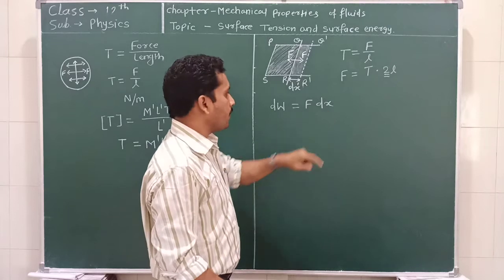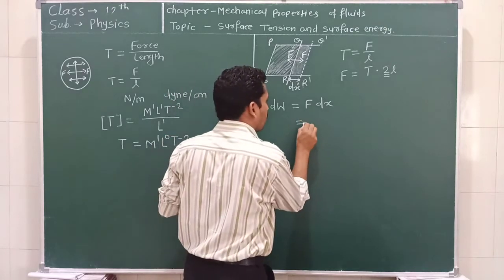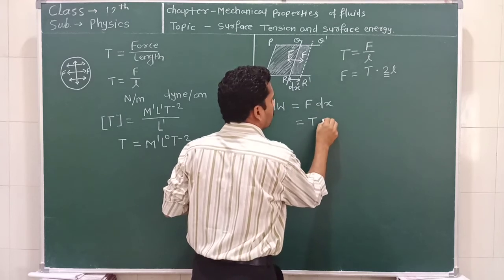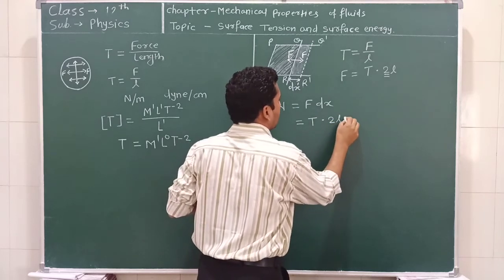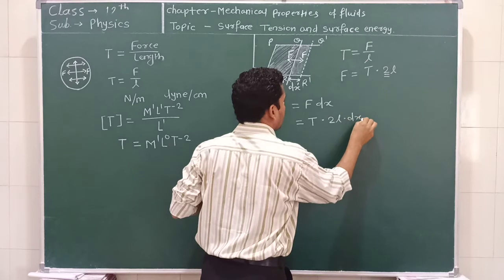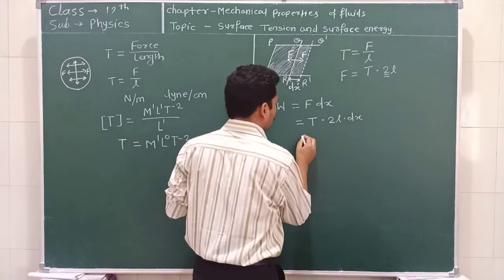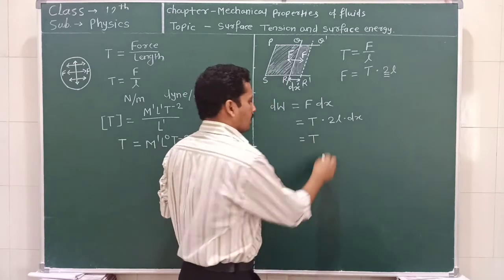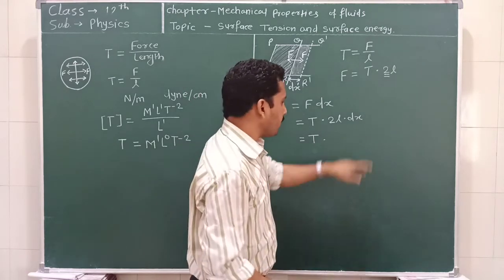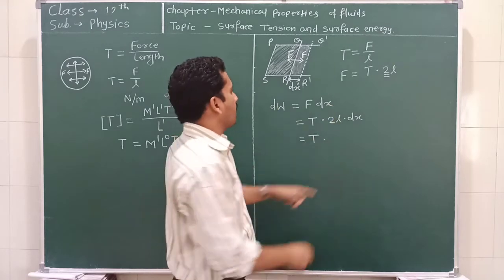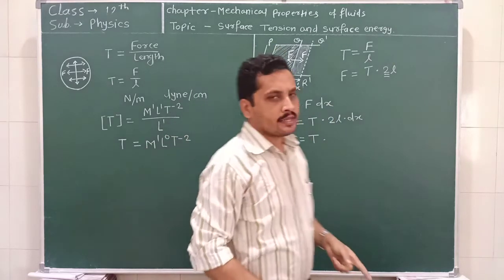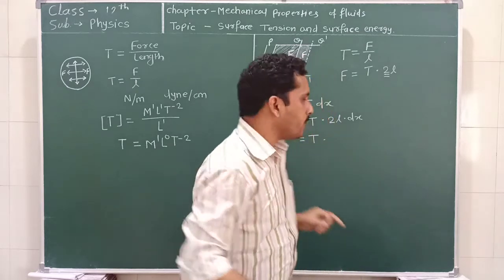What is F? It is equal to surface tension T multiplied by twice L, and it is multiplied by dx. So what is L multiplied by dx? This L means this length, and multiplied by dx, it is nothing but the change in area.